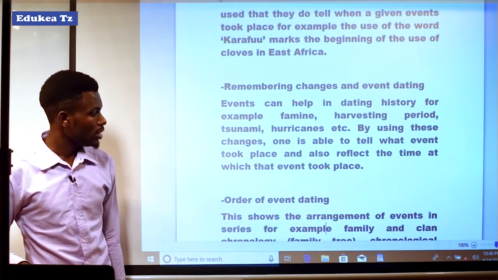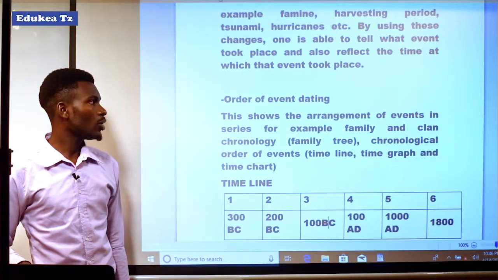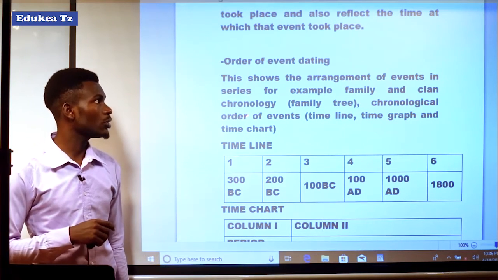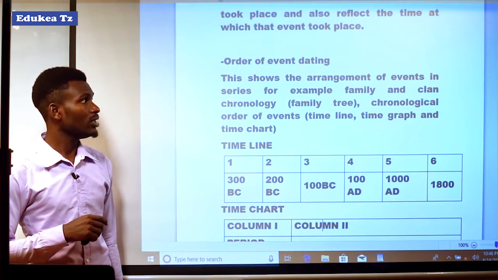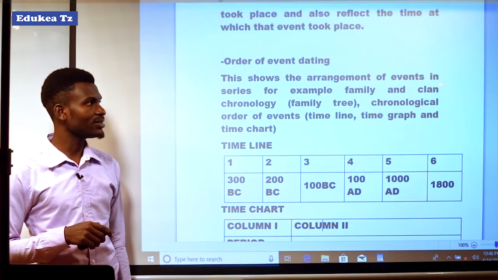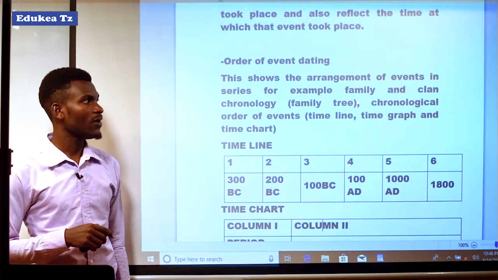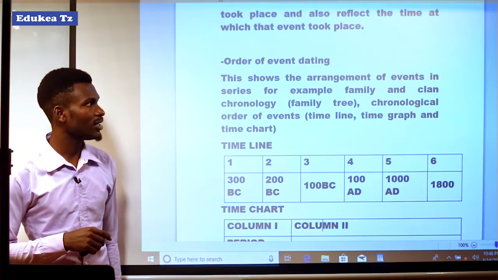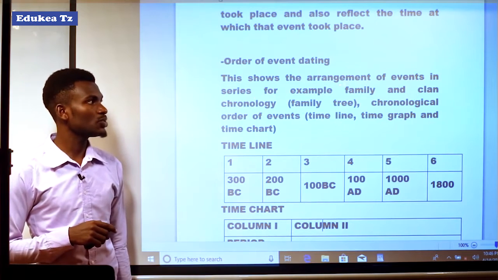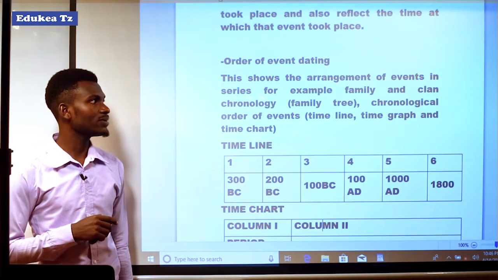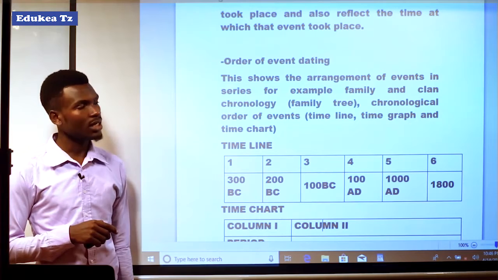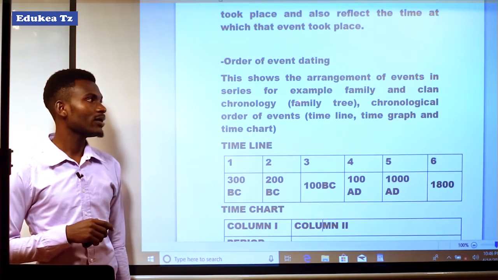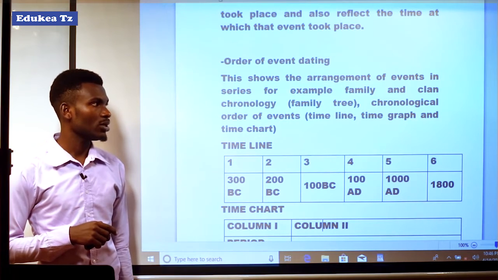Another is order of events dating, or chronological event dating. These show the arrangement of events in series, for example, family and clan chronology, or we can say a family tree.